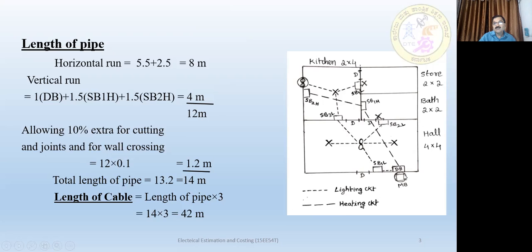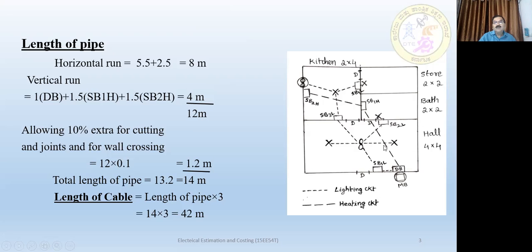Both emerge from the distribution board. There is a separate control for lighting circuit as well as heating circuit. So MCBs are there in the DB, distribution board.